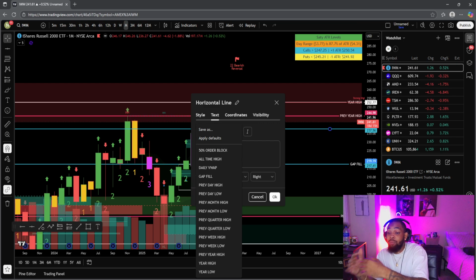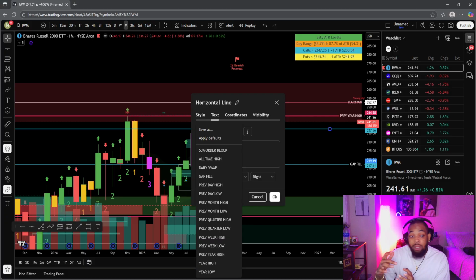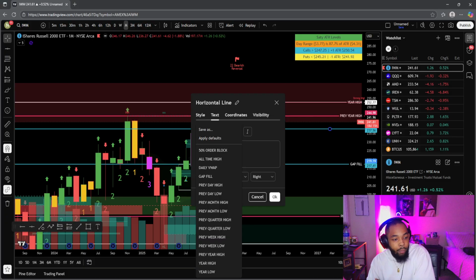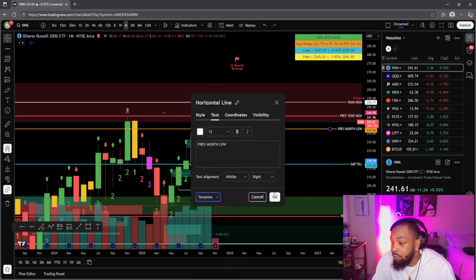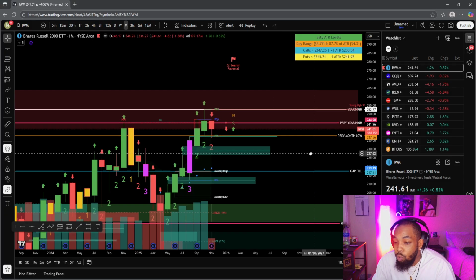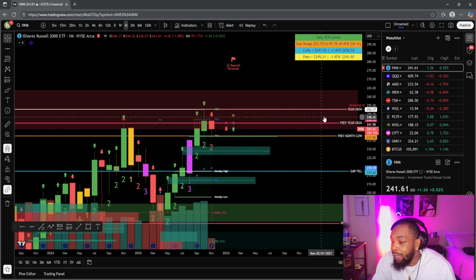So this can potentially get to 237 tomorrow when the market opens or whatever the case may be. I want to mark this out, because I can play this level as a target if I decide to take a trade. So I want to mark this as my previous month lows. My previous month low is 237.56. Cool. My previous month high is this 252.57.